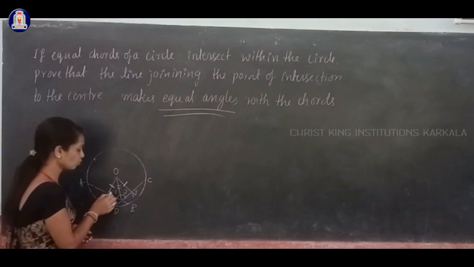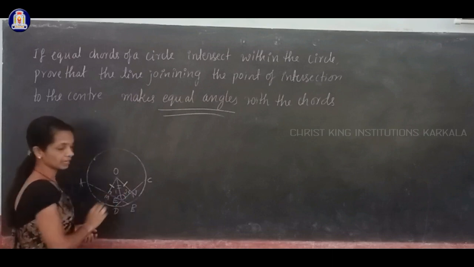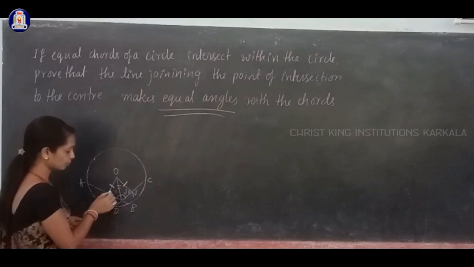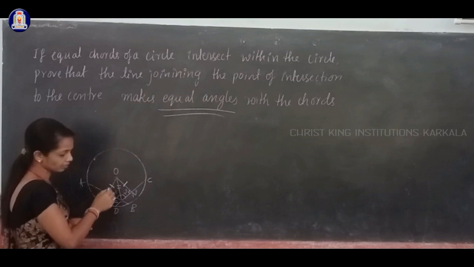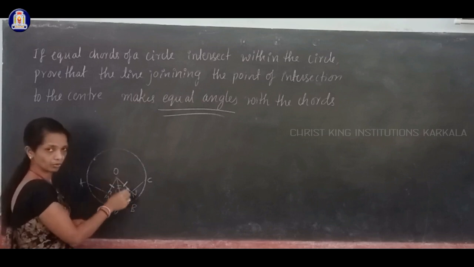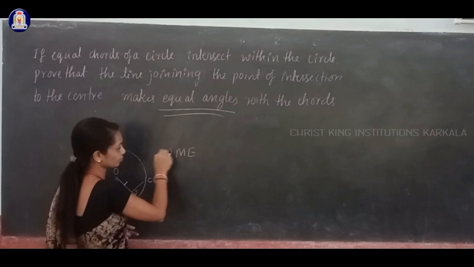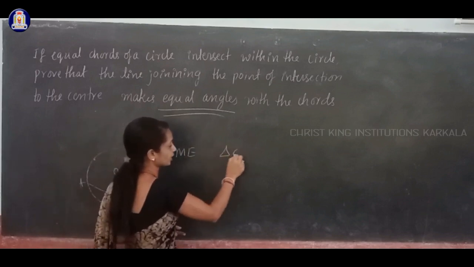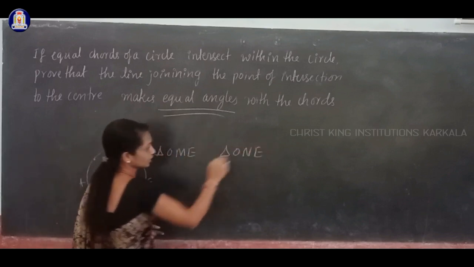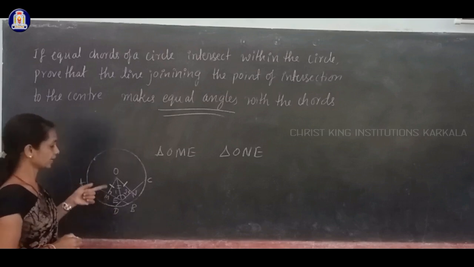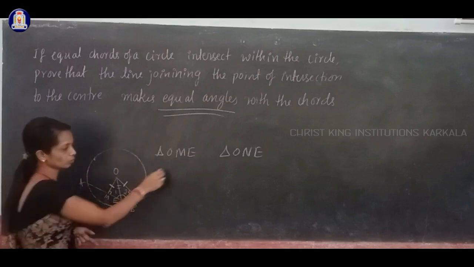OM and ON are perpendiculars, which means they produce 90 degrees on both sides. So triangles OME and ONE are both right angled triangles. You have to consider these two triangles, triangle OME and triangle ONE. In these two right angled triangles, OM is equal to ON.